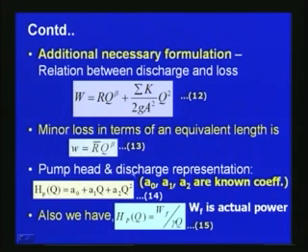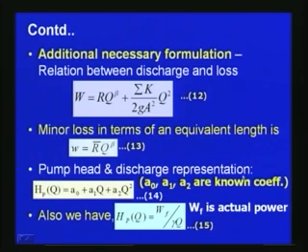losses. Now, if a pump is involved in the network, as we discussed earlier, we can have the pump head and discharge relationship. Generally this will be given by the pump manufacturer, and the general form of the equation is HP(Q) is equal to A0 plus A1Q plus A2Q square, where A0, A1 and A2 are known coefficients.